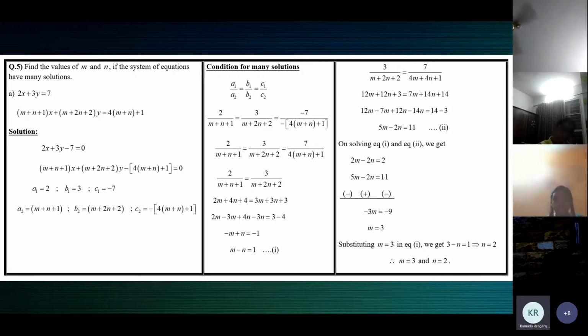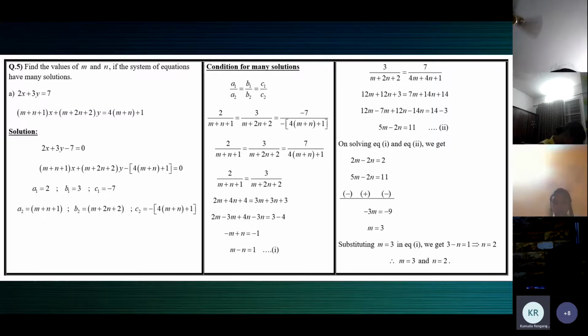The next one is a test. We must first write the equations in the standard form. Bring out the values of A1, A2, B1, B2, C1, C2.